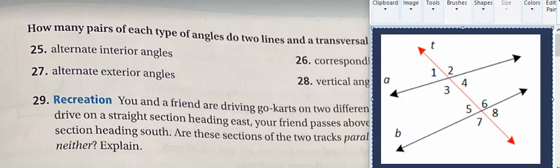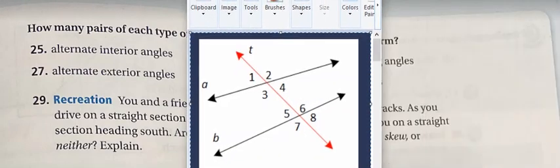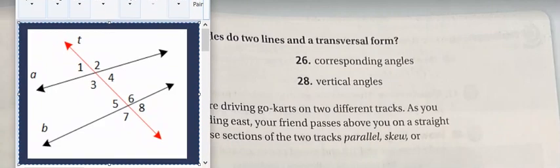All right. The next question, number 26. It's asking, would it have corresponding angles? Again, we're going to look at the graph that we created. Corresponding angles lie on the same side of the transversal in corresponding positions. So we would have 4 pairs of corresponding angles on the same side.